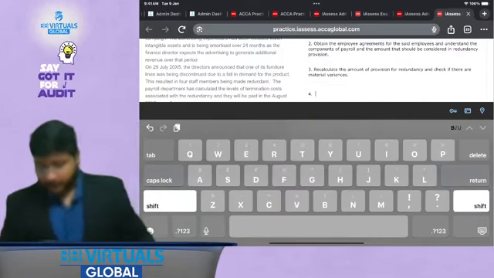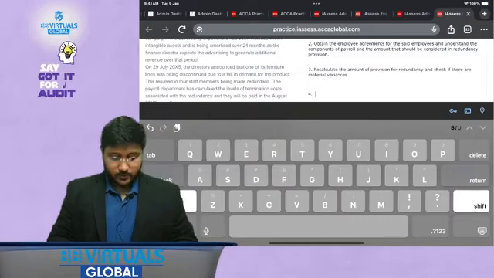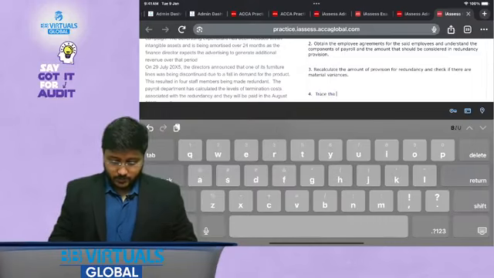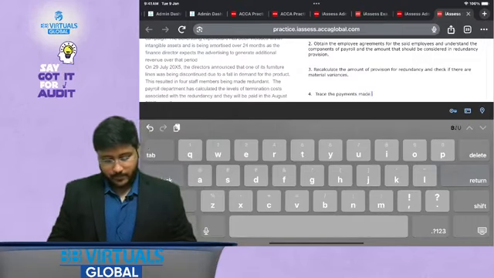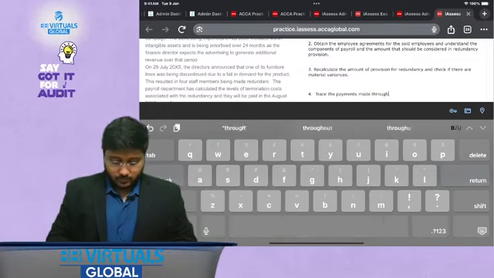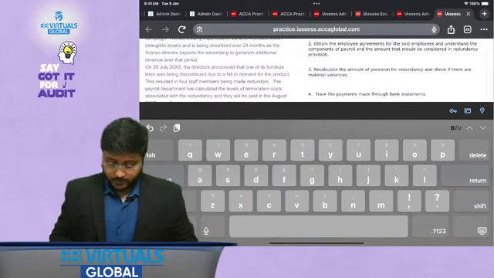Fourth, we have to trace the payments made through bank statements.